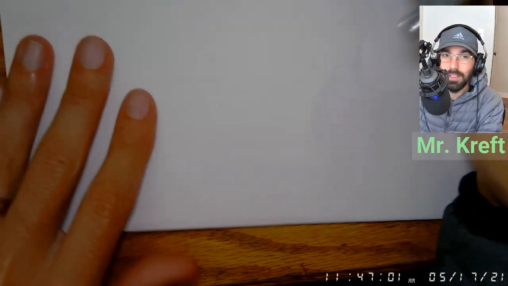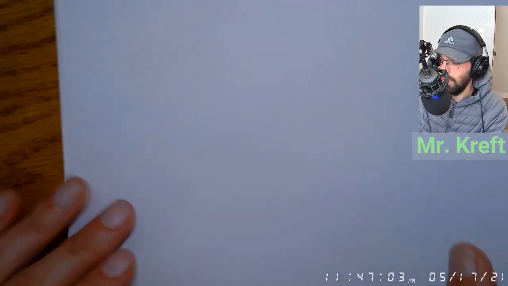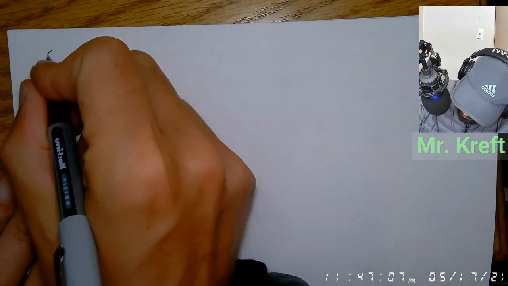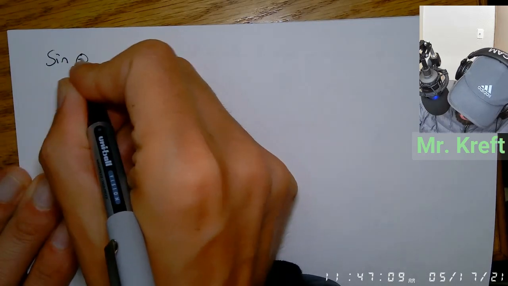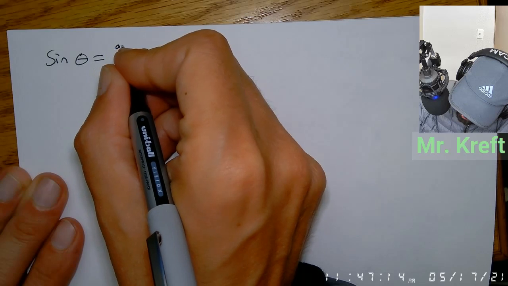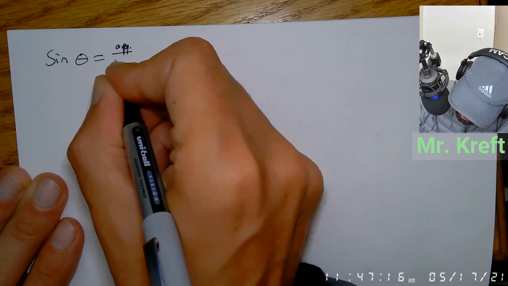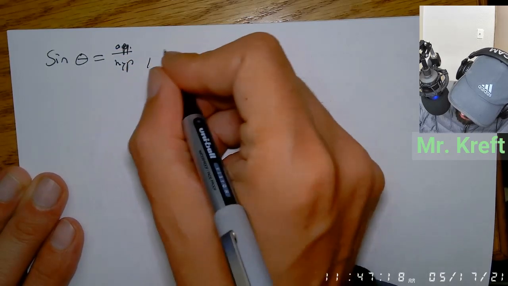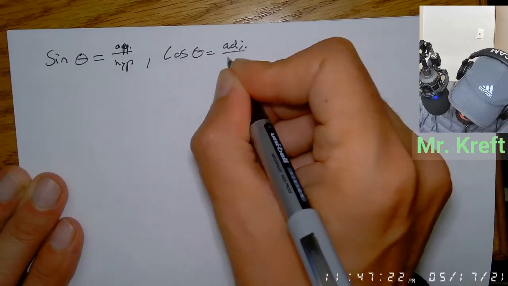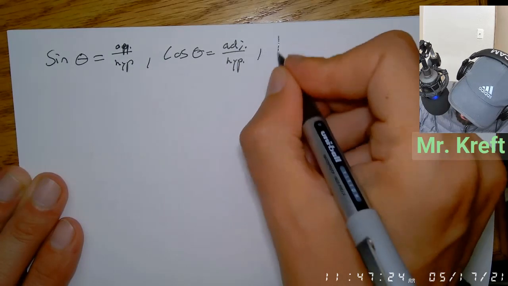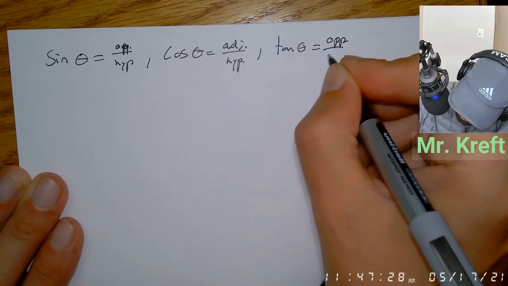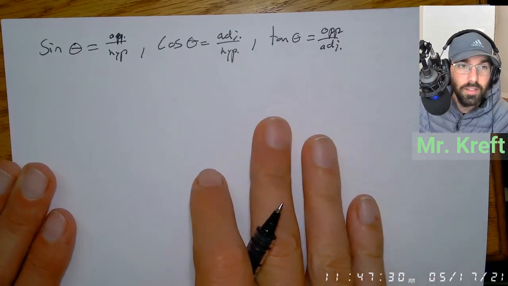The problem with what we have right now is that we have sine of an angle equals opposite over hypotenuse, cosine of theta equals adjacent over hypotenuse, and tangent of theta equals opposite over adjacent.